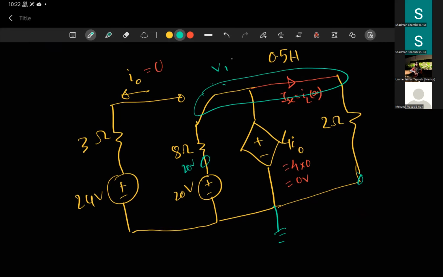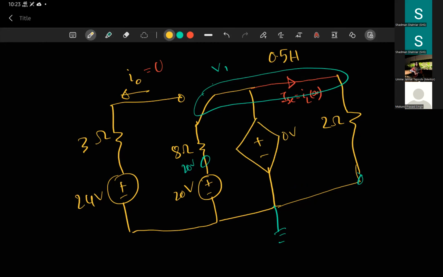You cannot write KCL if you have a voltage source connected to a node. This is a grounded voltage source. Let me reduce it. This is basically 0 volts. That is saying that the difference between these two terminals is 0. And you have 0 volts here, so the other side is 0 volts as well. That is what I'm trying to say.